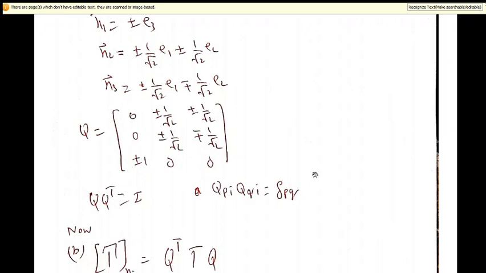Now if p is not equal to q, say p is 1 and q is 2, so delta 12 is 0, so the left hand side must be equal to 0.